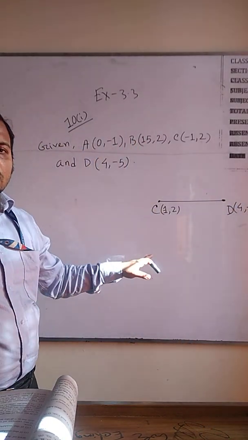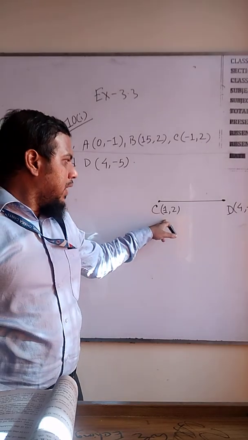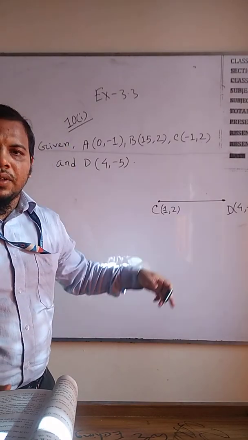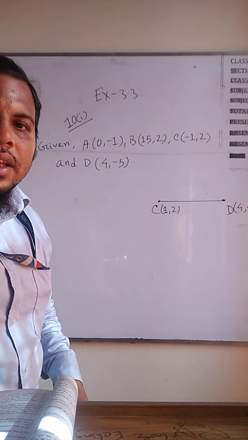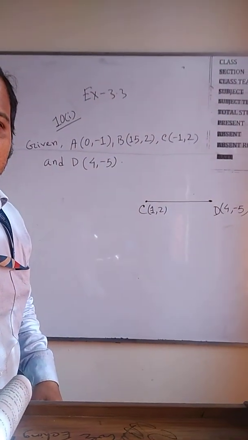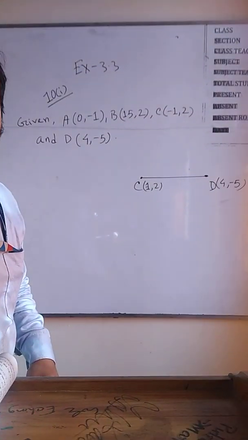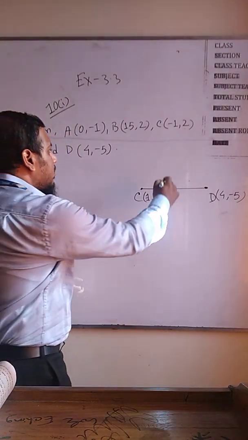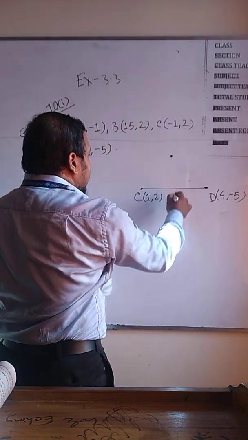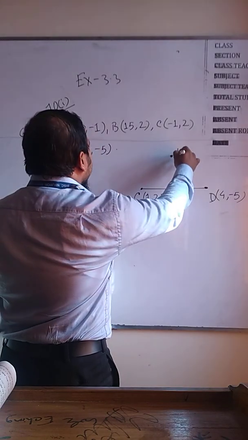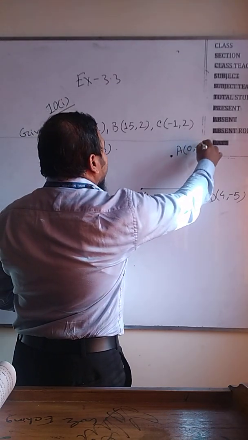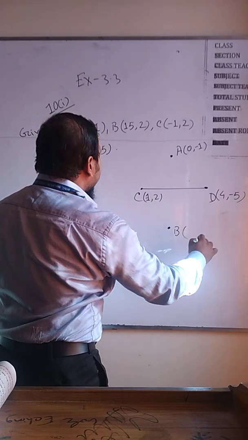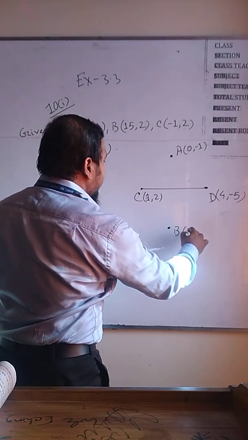I am plotting the points haphazardly without maintaining any coordinate system. Don't bother about it, we have to know the real concept, nothing else. And say for example, it is A and it is B: A (0, -1) and B (15, 2).